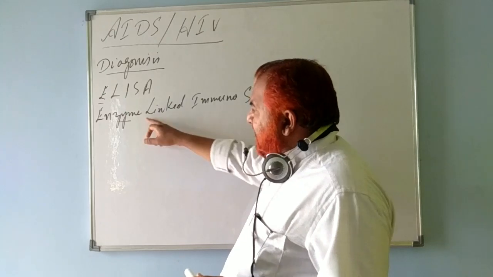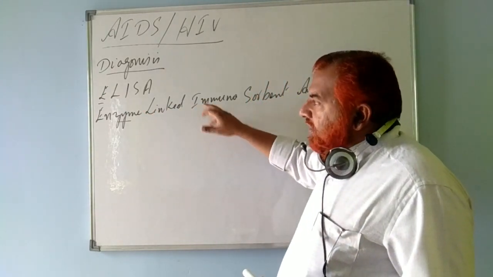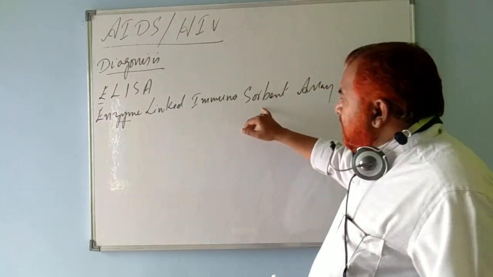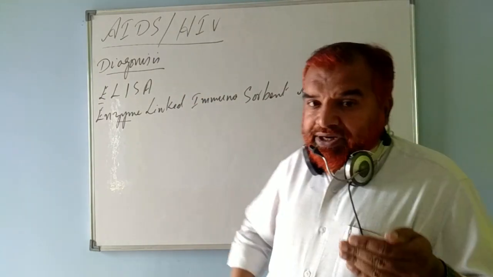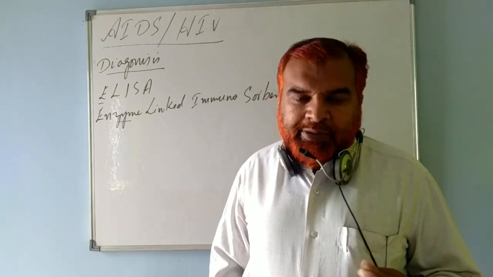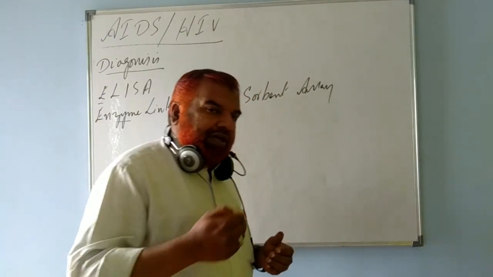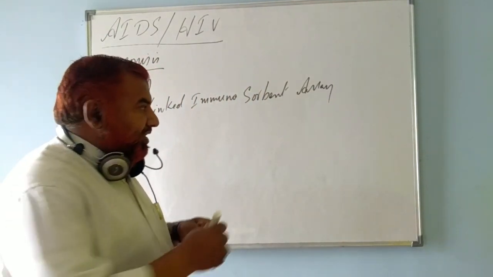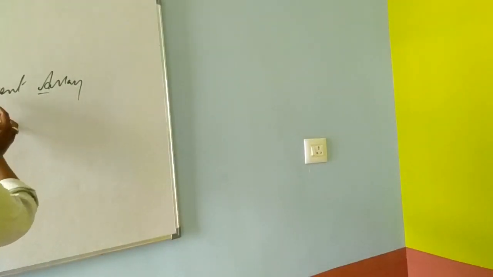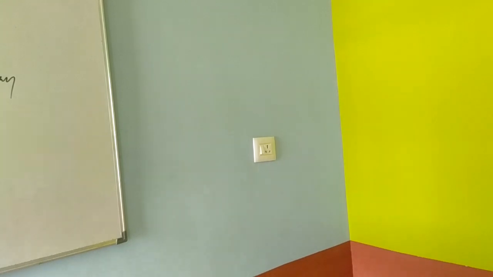The enzyme is linked to that protein coat, and an antigen antibody reaction takes place here. Immuno, because it is an immunological reaction. Sorbent assay, a series of biochemical reactions, and assay means many biochemical reactions take place one after the other, continuous reactions. That's what it stands for: enzyme linked immunosorbent assay, ELISA.